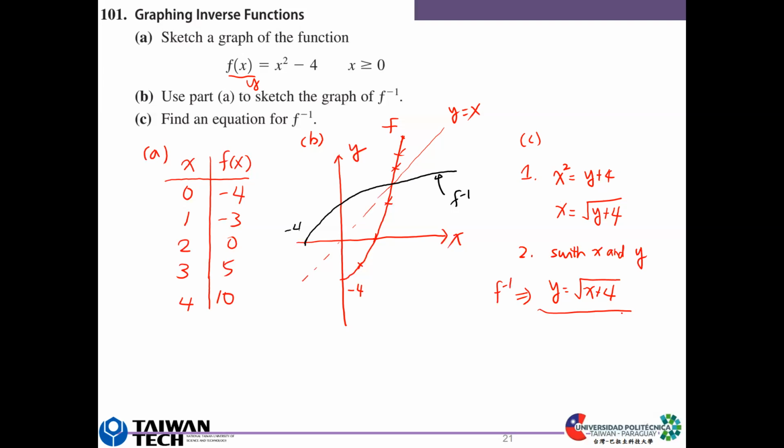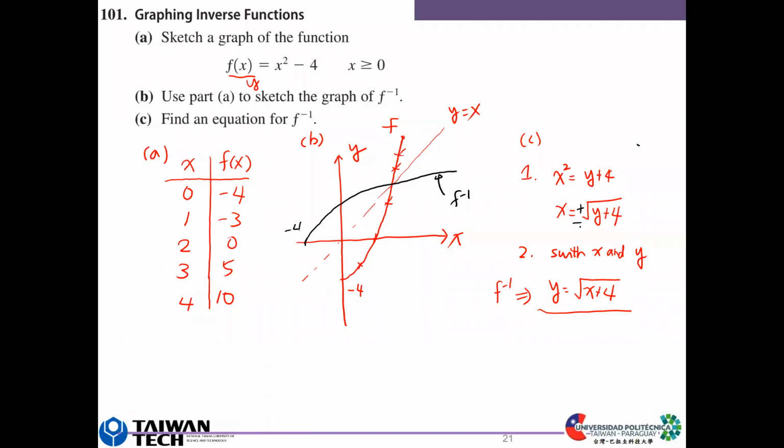Because we take a square root, supposedly we would have positive and negative values here, but since x is larger than or equal to 0, it's always positive.